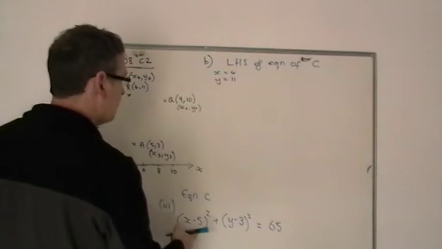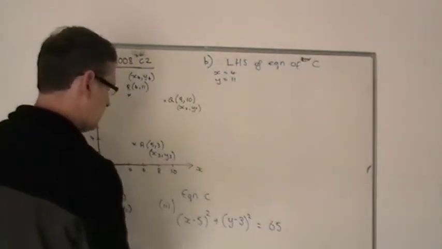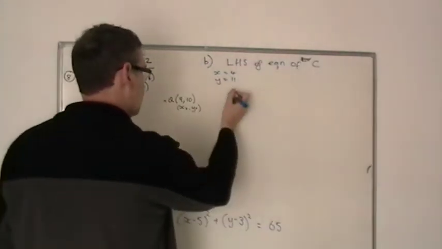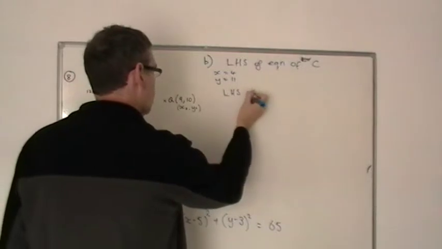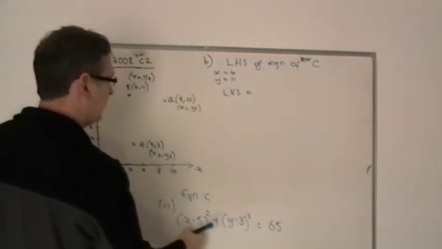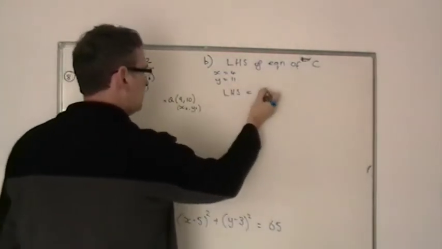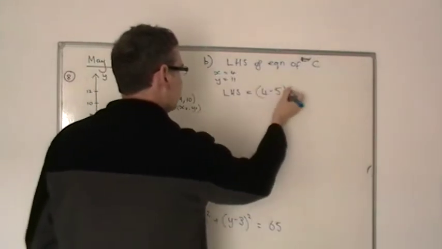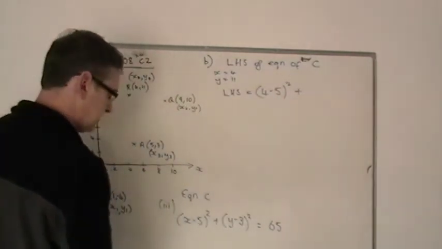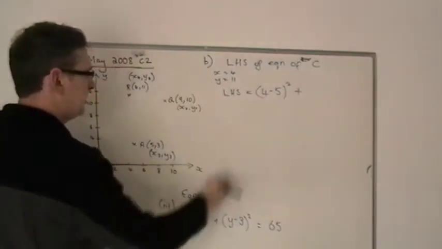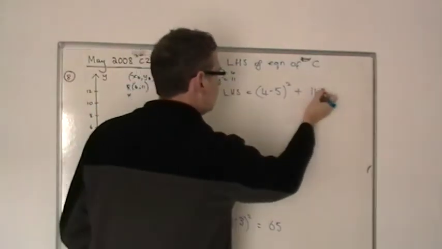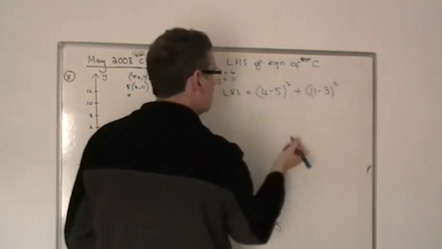Put 4, 11 into that equation on the left hand side only. The left hand side will be x minus 5, well, x is 4, so 4 minus 5 squared plus y minus 3 squared. That's 11 minus 3 in a bracket squared.